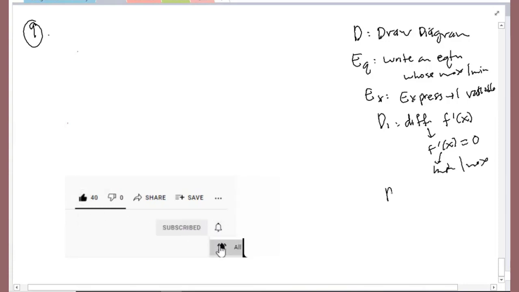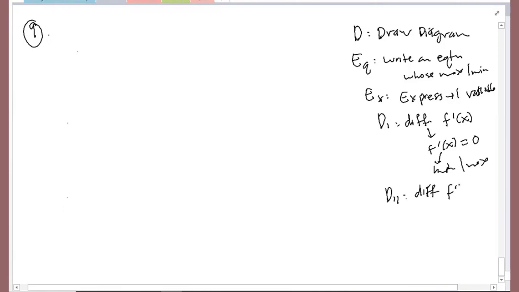And D double prime is to differentiate to the second derivative to reconfirm, to check whether it is confirmed maximum or minimum. This is called DEDED.